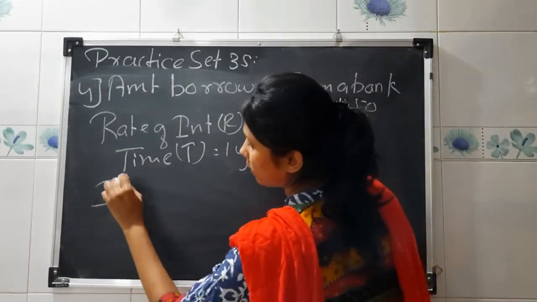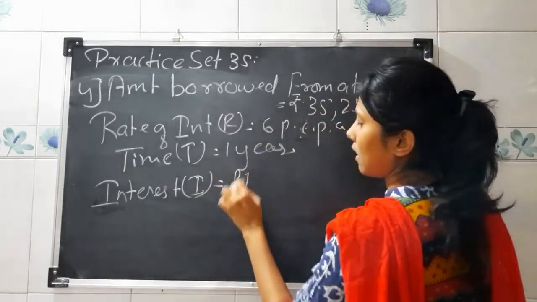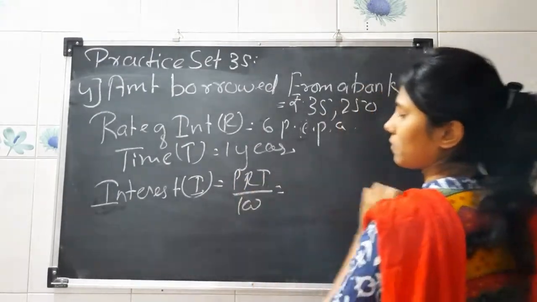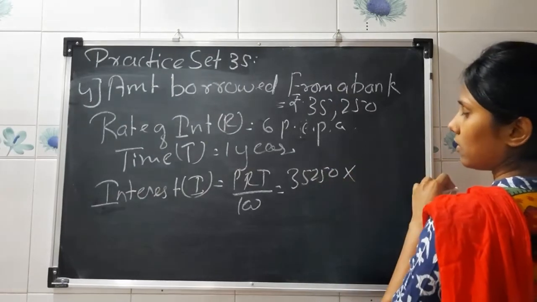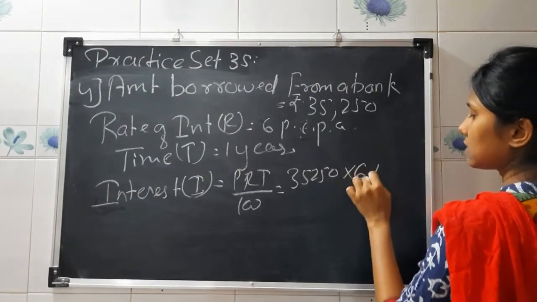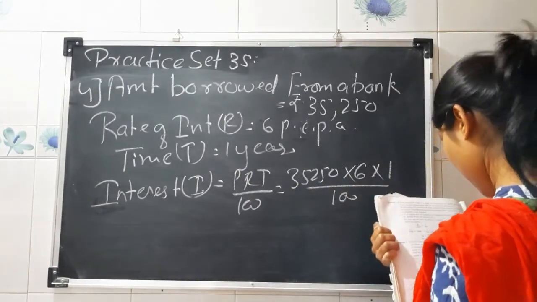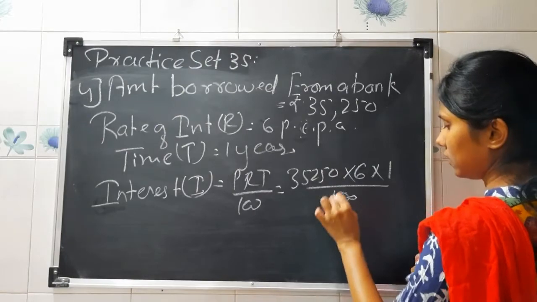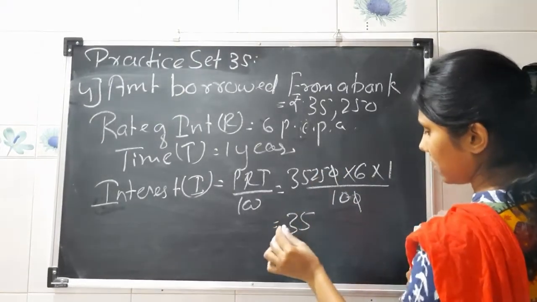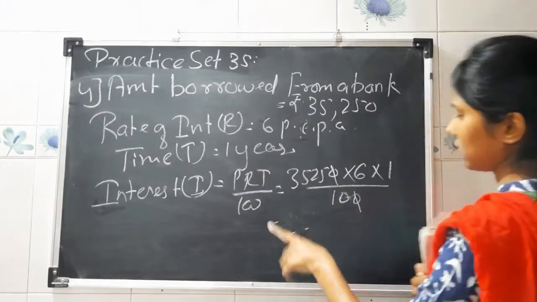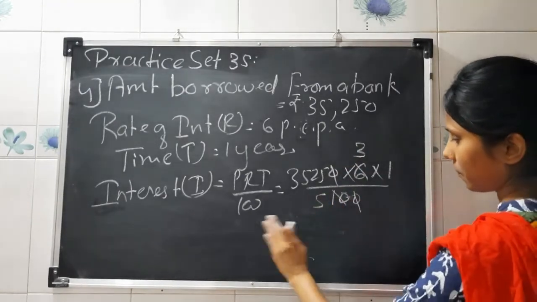So interest I is equal to PRT upon 100. 35,250 into 6 into 1 upon 100. 0 0 gone. 35, 0 gone. 2 3s are 6, 2 5s are 10.